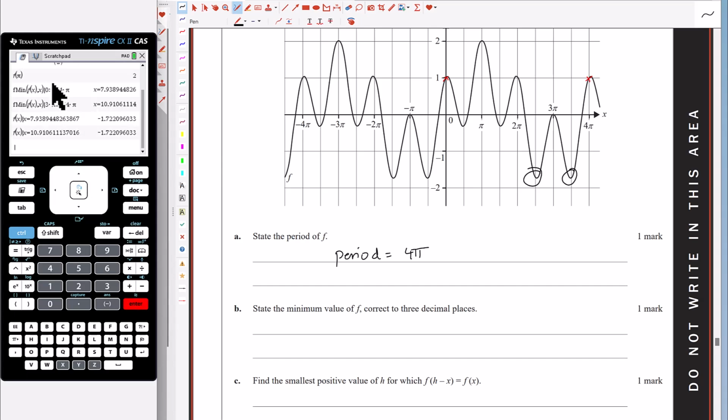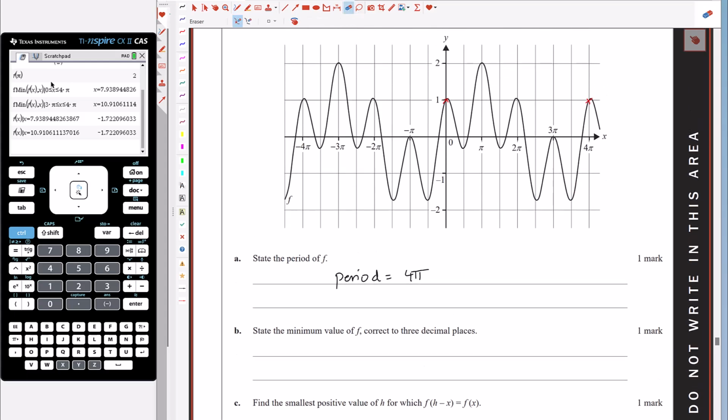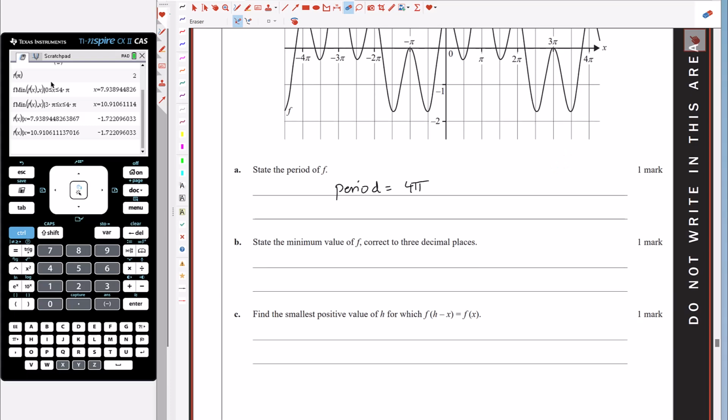It's interesting why function min with the domain from 0 to 4 pi didn't give me both x equals 7.938 and 10.912. Sometimes those sort of function mins can be a bit finicky, and this is a bit of a complex function, and so it actually hasn't given me all of the solutions in that domain when I used function min. If we'd solved our derivative equal to 0 over that domain, in fact, let's just check that. So I'm going to define a function.